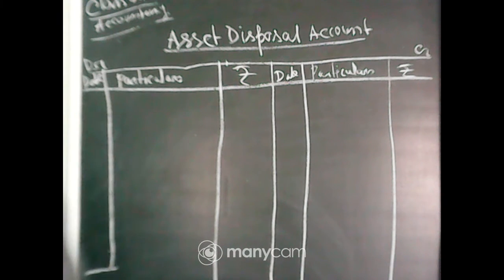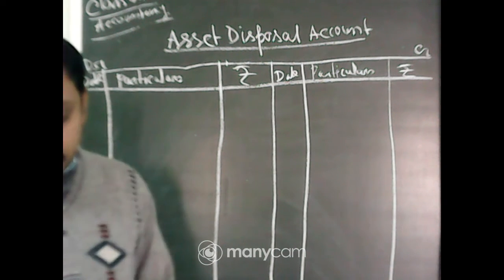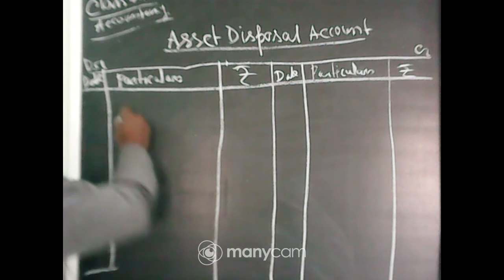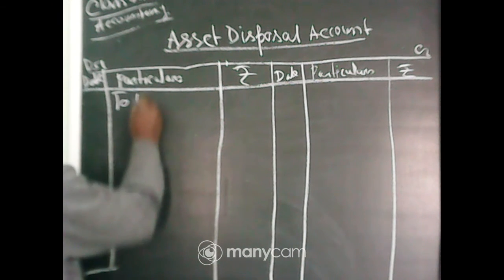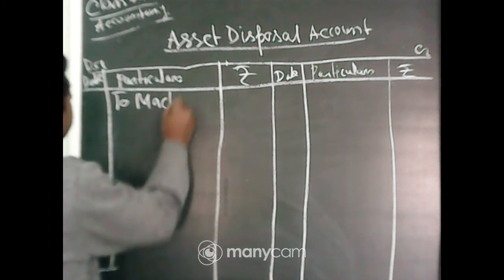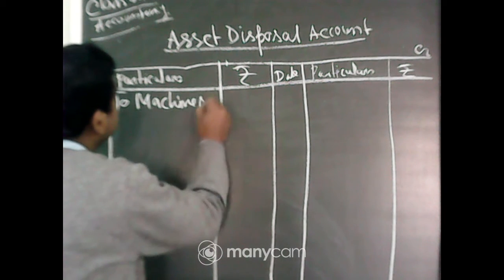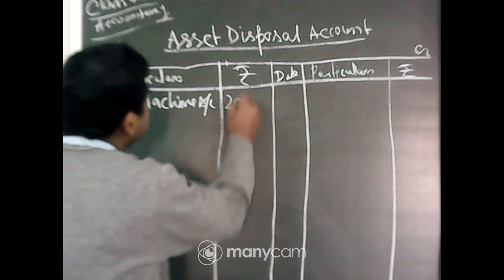From the machinery account we have to transfer this to the asset disposal account. So machinery should be credited and asset disposal account should be debited. So in the asset disposal account, here you should write: To machinery account, 2 lakh.